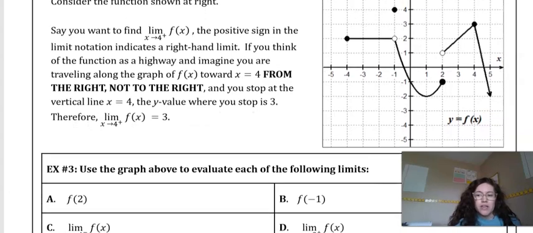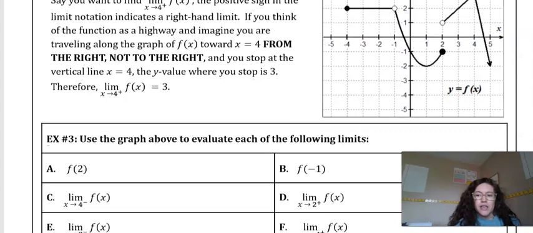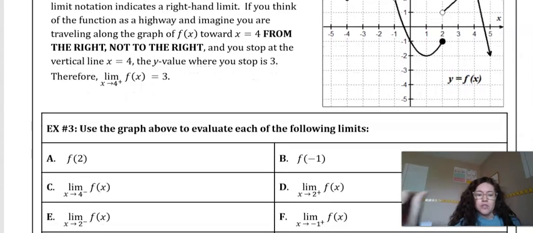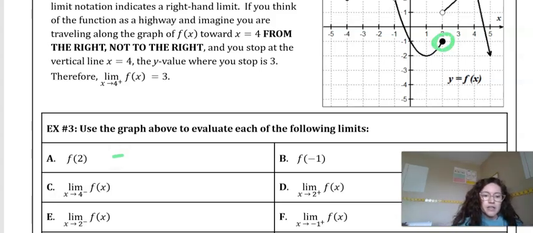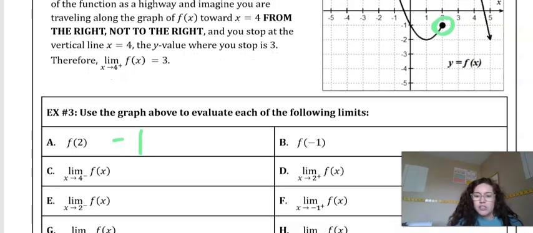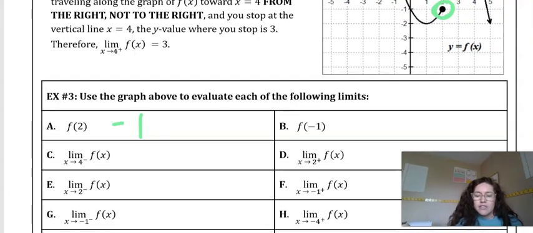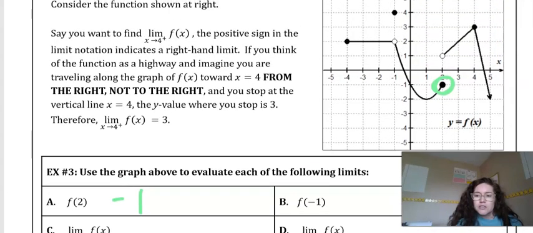So first we've got values. F of 2 is going to be this spot right there, correct? That's filled in, that's going to be -1. Let's figure out anything else with 2 right now and just do them all at the same time. That makes more sense. All right, so here I have in D, from the right.